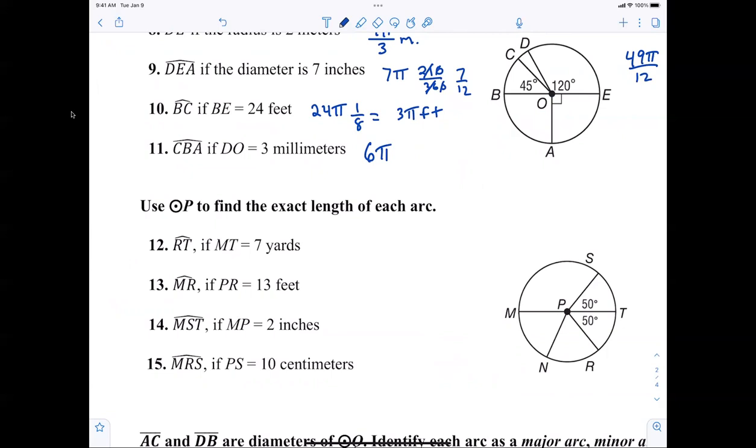So that's 135 out of 360. And we all can see that that simplifies to 3 over 8, because you're just dividing by 45.